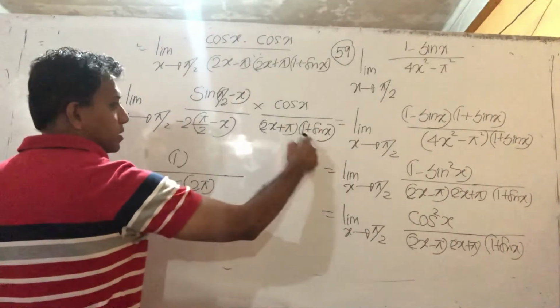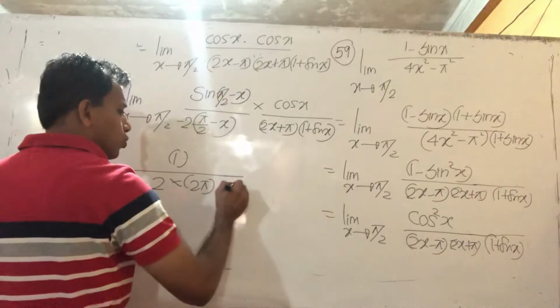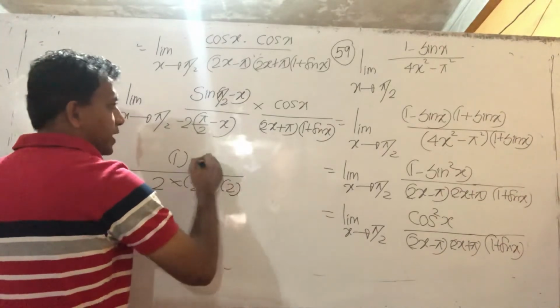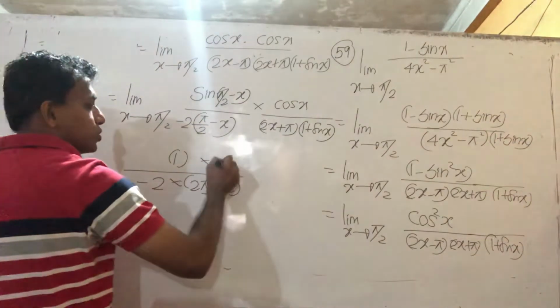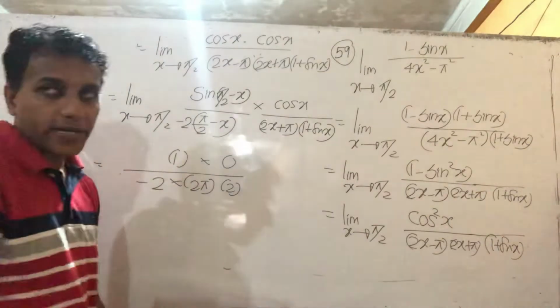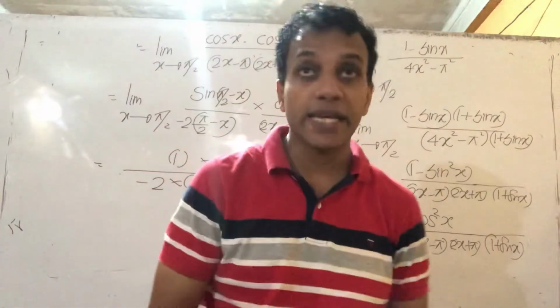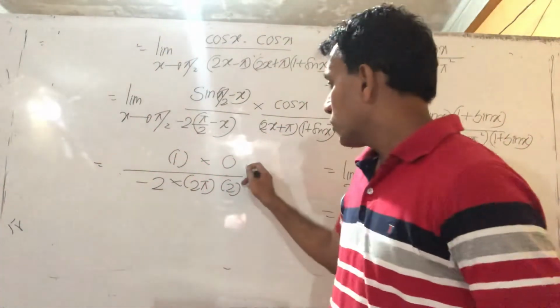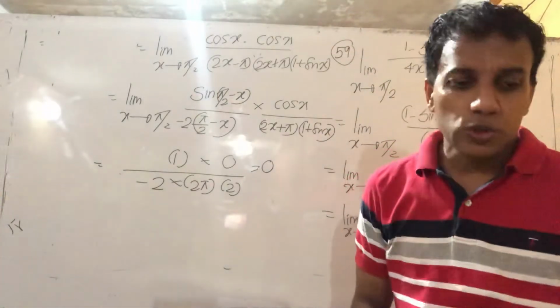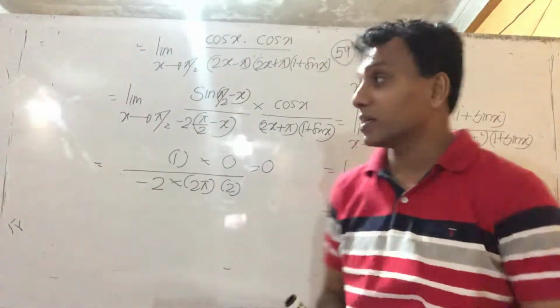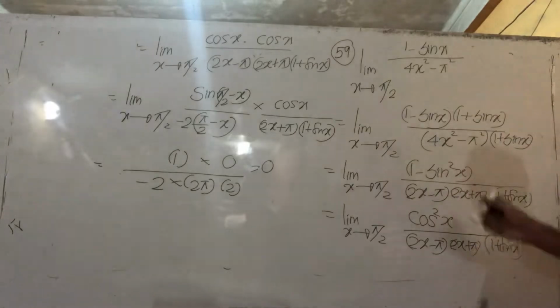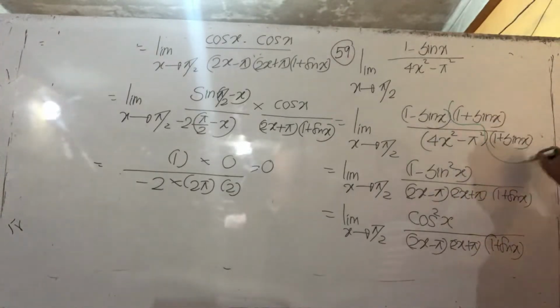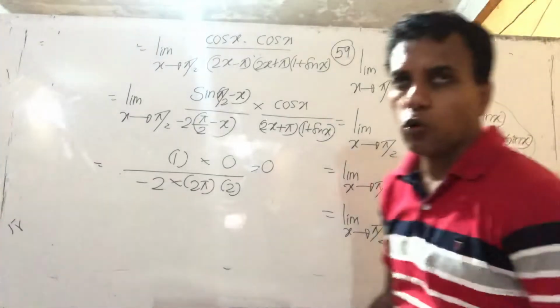And check here, sine 90 is 1, and in the numerator cos pi by 2 is 0. Whatever is below, no matter, the answer is 0. To get this answer by this method, this idea is very important.